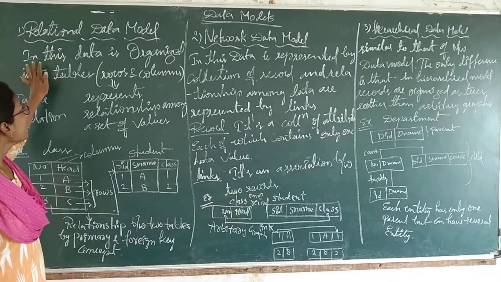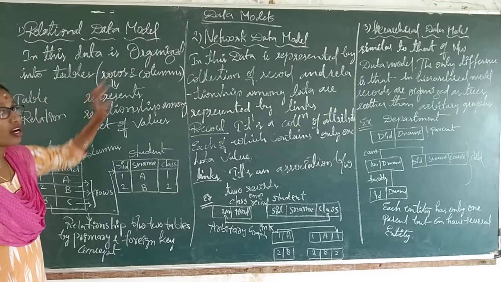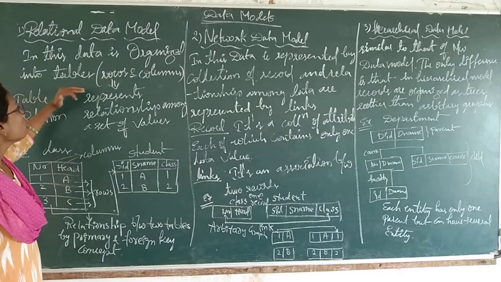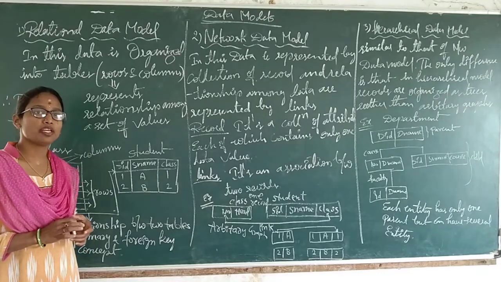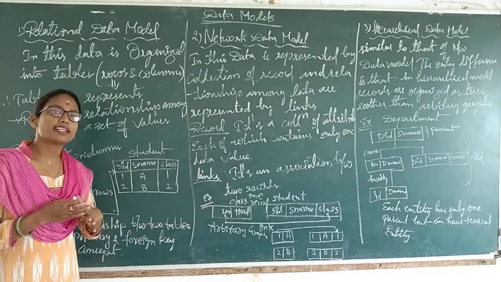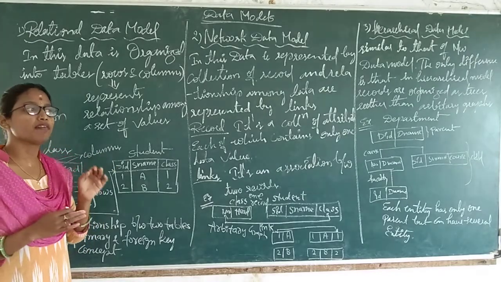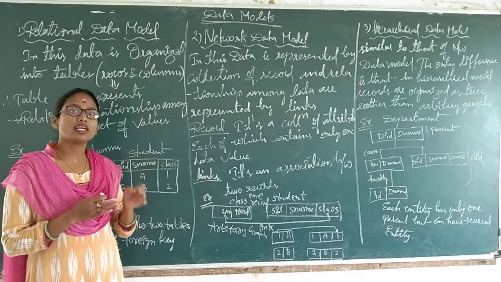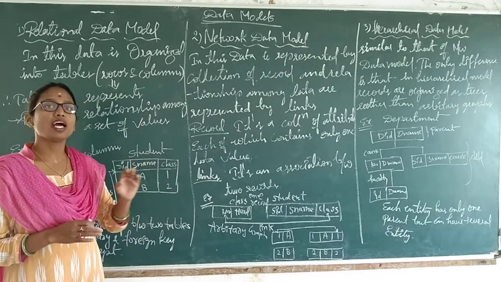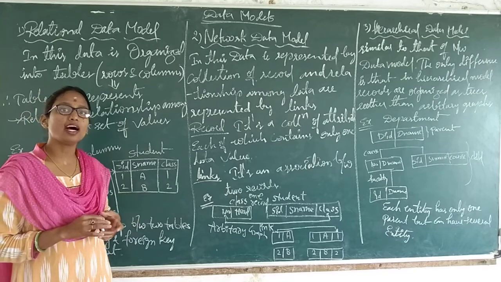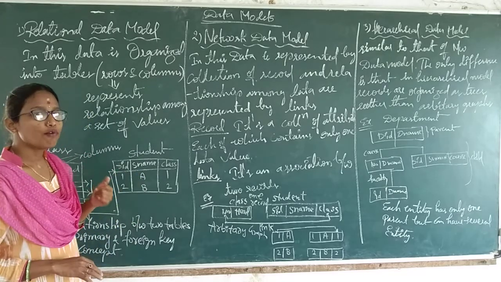In this model, data is organized into tables. We know the meaning: relational is nothing but a tabular format. Whatever data we store in the database system with the help of the relational data model is in tabular format.